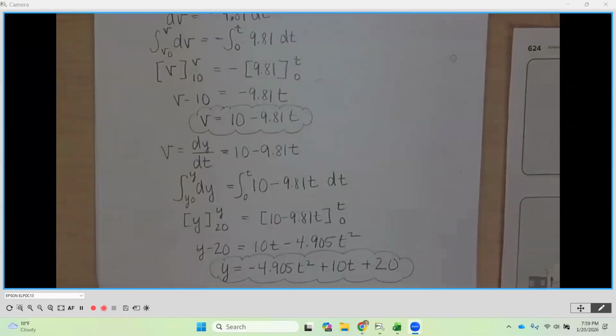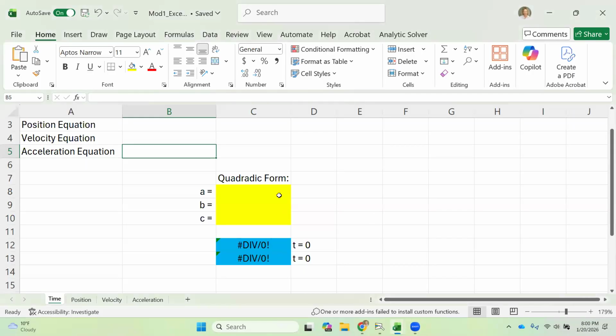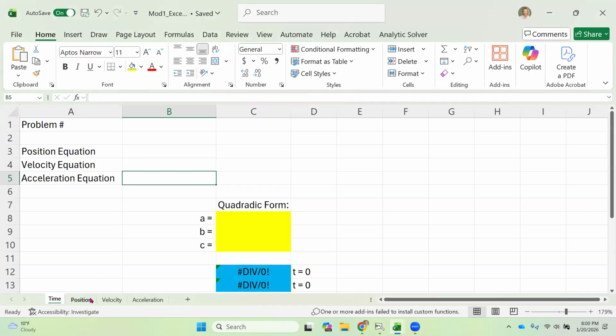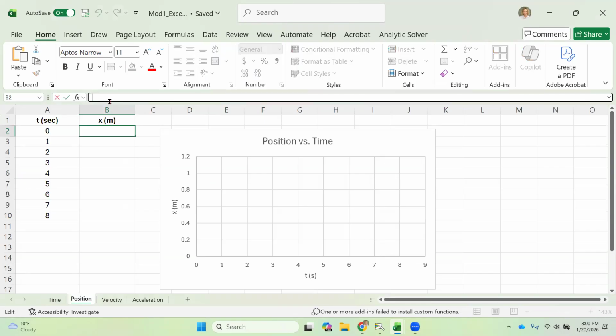So now that we have our three curves, we can go over to Excel and populate the cells for that. So pulling up our Excel for our meters, I am going to start on my position graph, and I'm now going to populate my column X with the equation. That last equation that I have is the negative 4.905 times the time squared.